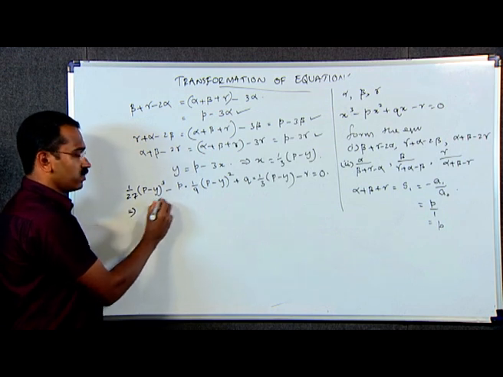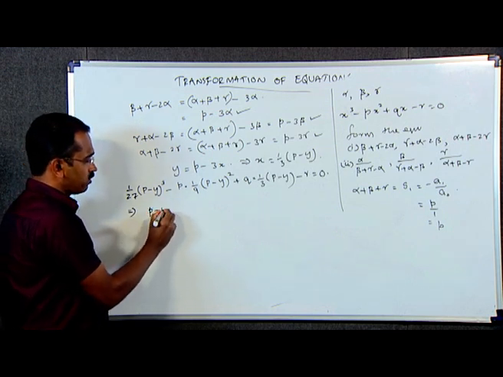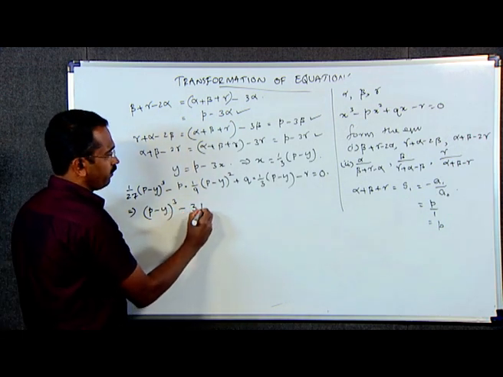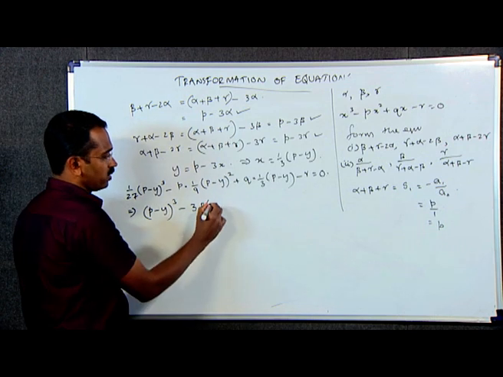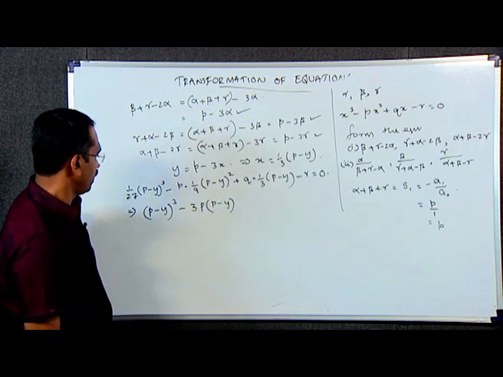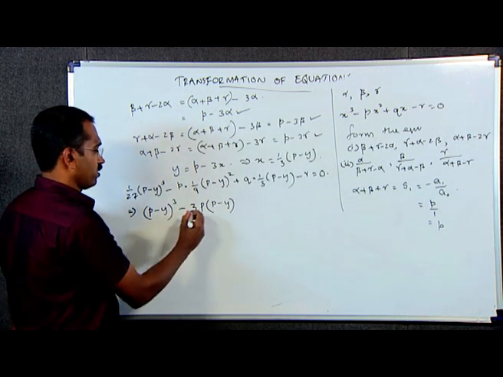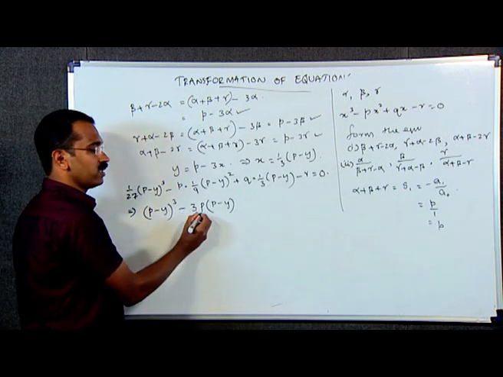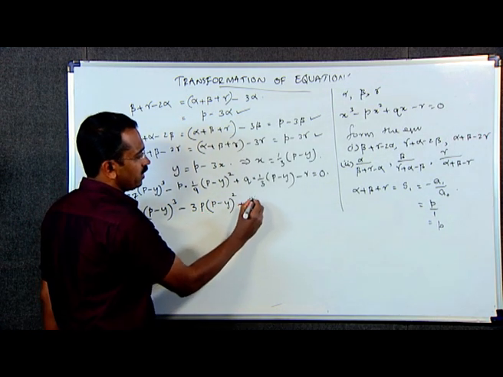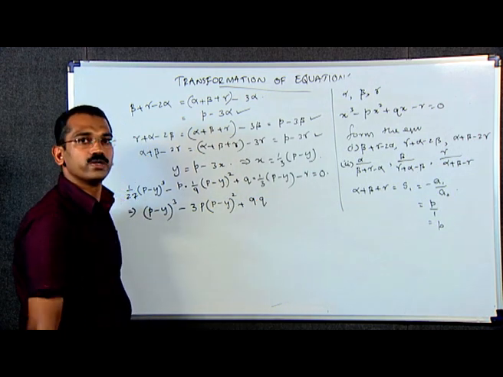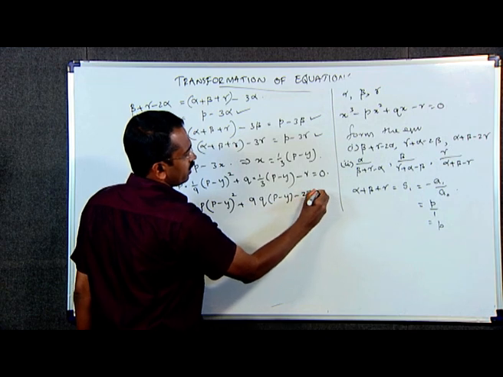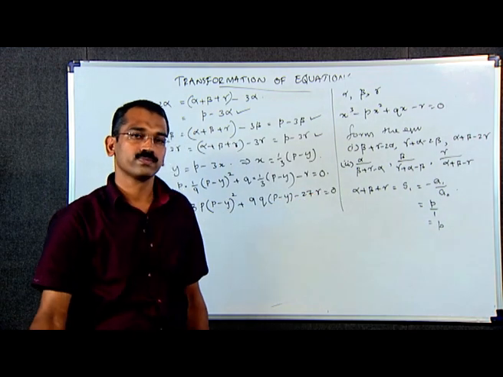From this we can write P minus y the whole cube minus 3P into P minus y whole square, multiplying all the terms by 27, we will get P minus y the whole cube minus 3 into P minus y square plus 9 into q into P minus y minus 27r is equal to 0.